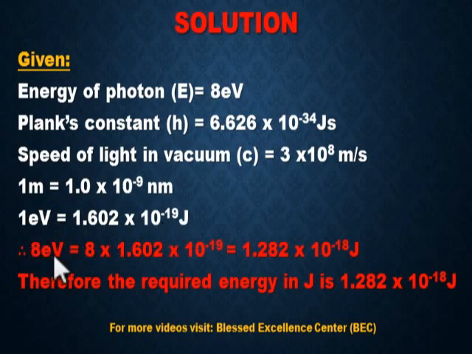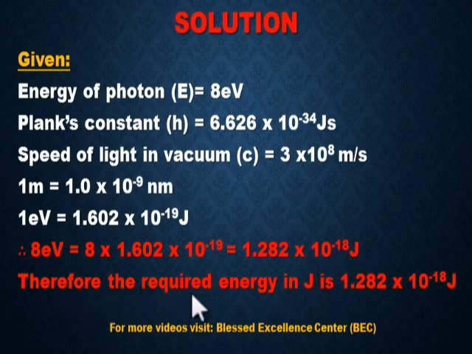Therefore, since 1 electron volt is equal to 1.602 times 10 exponent minus 19 joules, 8 electron volts would be equal to 8 times 1.602 times 10 exponent minus 19. And that gives us 1.282 times 10 exponent minus 18 joules.